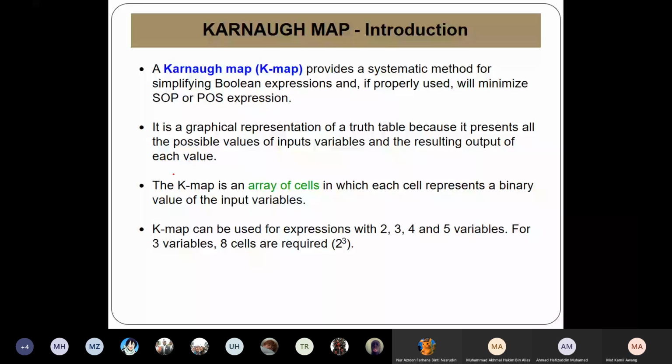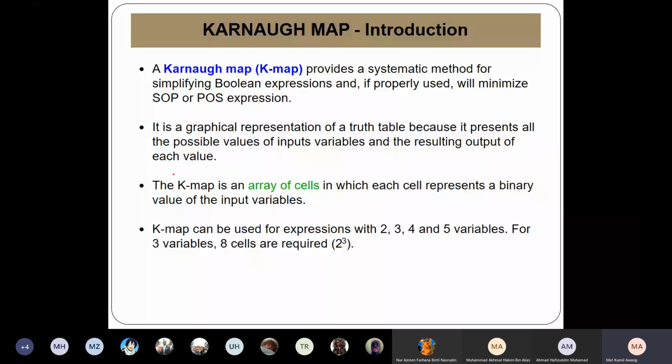The K-map is an array of cells in which each cell represents a binary value of the input variables. K-map can be used for expressions with 2, 3, 4, and 5 variables. If you add more variables, it will be very complicated. So K-map is useful when you are dealing with expressions up to 5 variables.